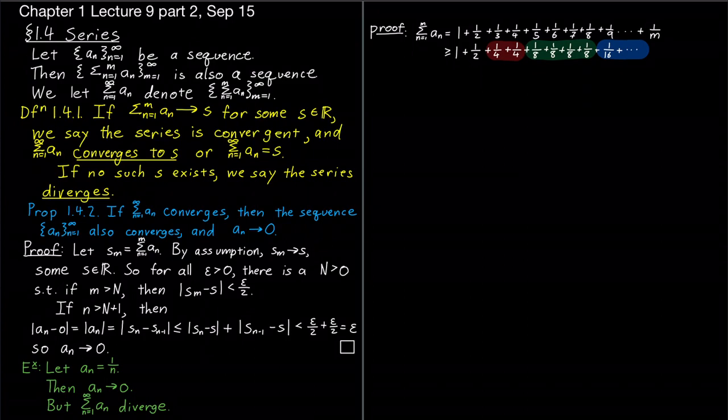So what we end up with is at least 1 plus the floor of the logarithm base 2 of m over 2. So if m is 2, we get 1/2. If m is 2 squared, which is 4, we get 2/2. If m is 8, which is 2 cubed, we get 3/2. But the point is the logarithm base 2 of m goes to infinity.